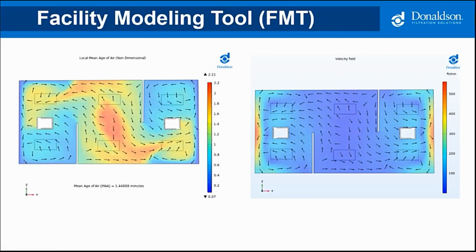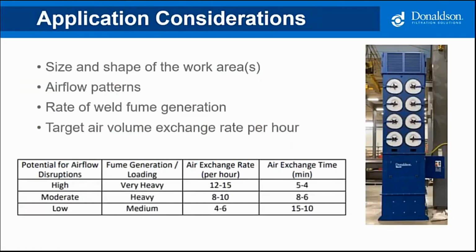If I had velocities greater than that, I'm going to see disruption by putting in some type of ambient clean system. So just like in source capture, there are variables involved, and you have to know which ones are the right ones to pick. So I touched on them. You have the potential for airflow disruption, and in this case, you have a low, moderate, and high. Fume generation, the different welding processes, TIG welding is very low.